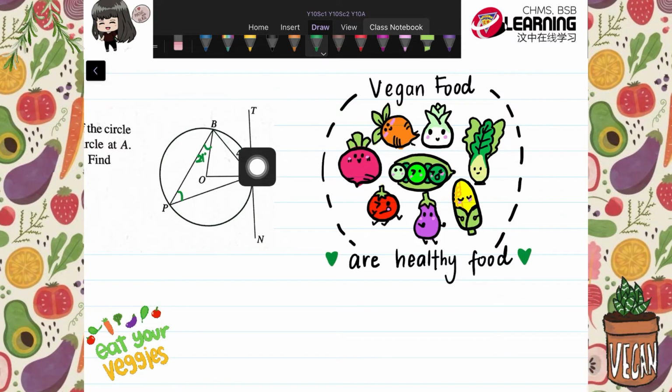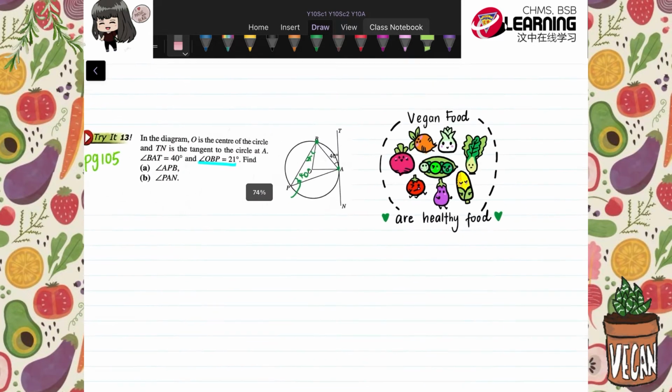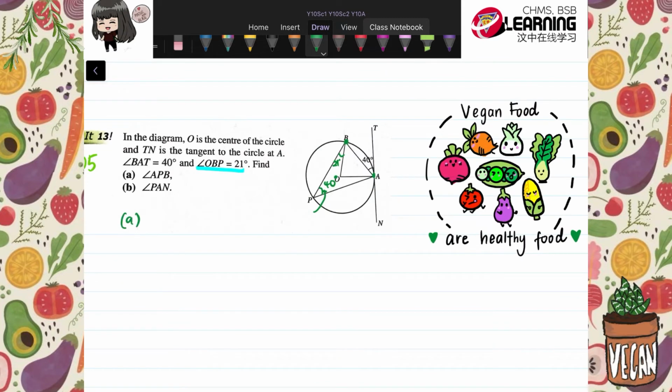So this 40 degrees over here is the angle between tangent and chord, and it is also equal to the angle in the alternate segment. This chord, with the point here and the point here at its ends, if it goes like this, we call it the alternate segment. So this is the angle in the alternate segment, and they are the same. So we can see that APB is equal to 40 degrees, according to Theorem 9. So for part A, angle APB equals 40 degrees.